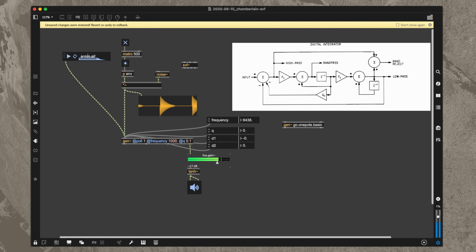And now if I sweep this down, we're getting filtering. And also we have a resonance. Which is cool.